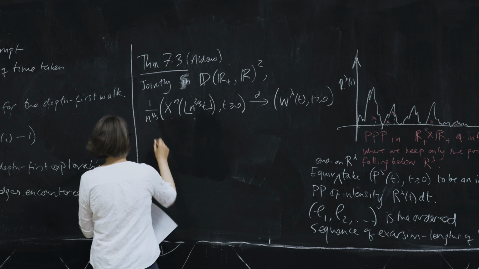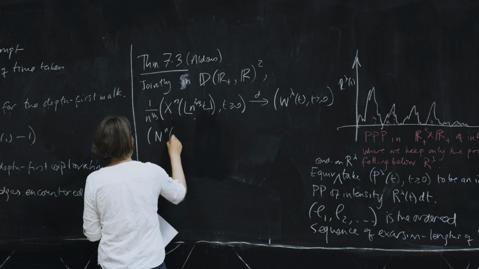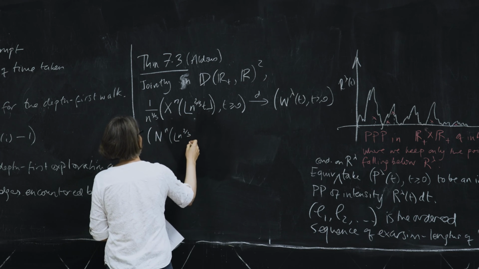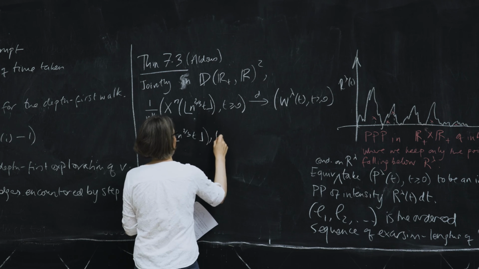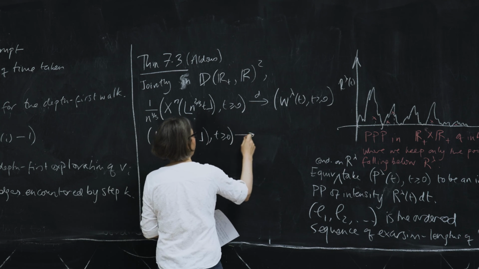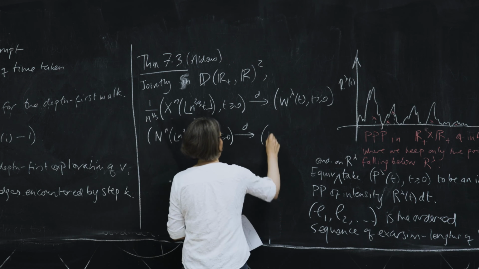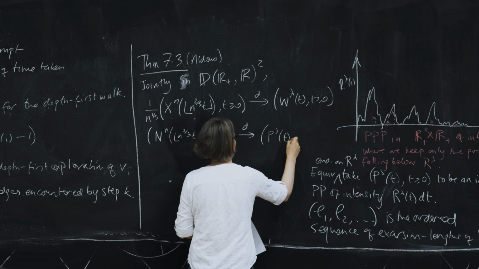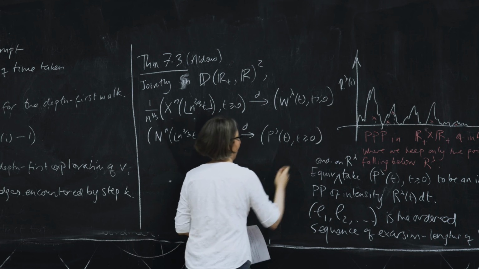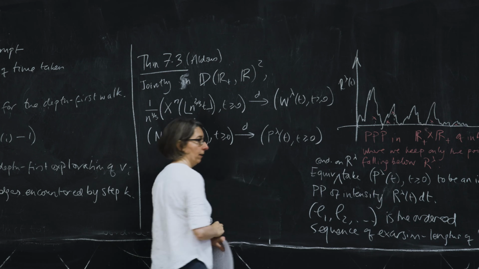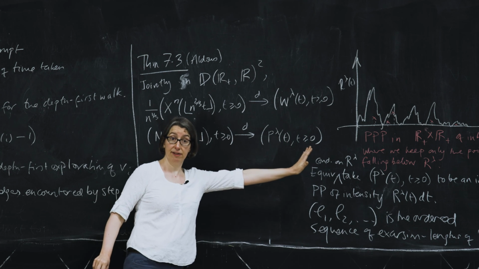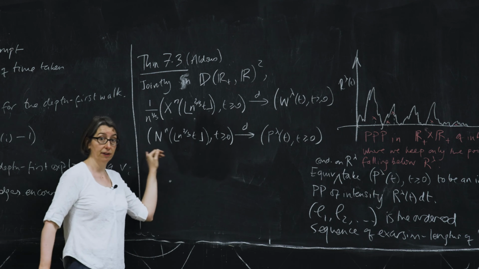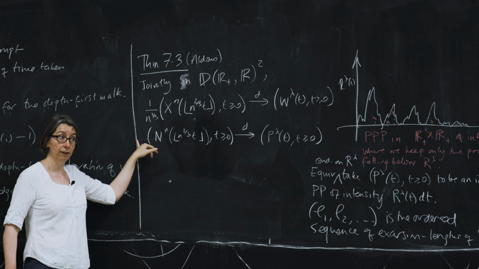And if I also look in the same time scale at the number of surplus edges that I've encountered, that's converging in distribution to this inhomogeneous Poisson point process. Okay. So this is counting the number of points that I've encountered in the limit, okay? And this is doing the analogous thing in the discrete setting.